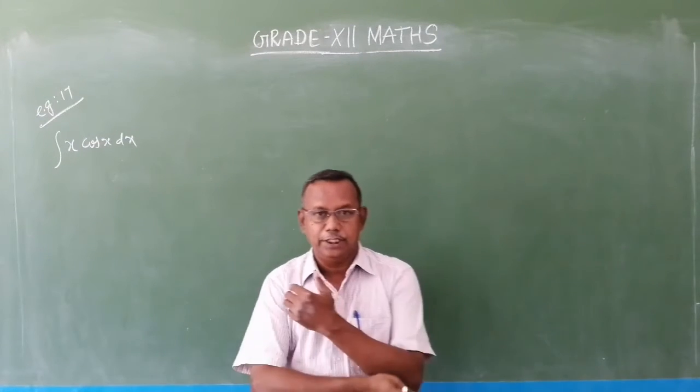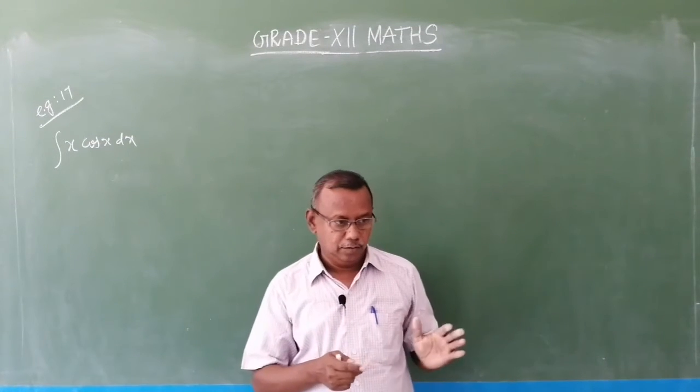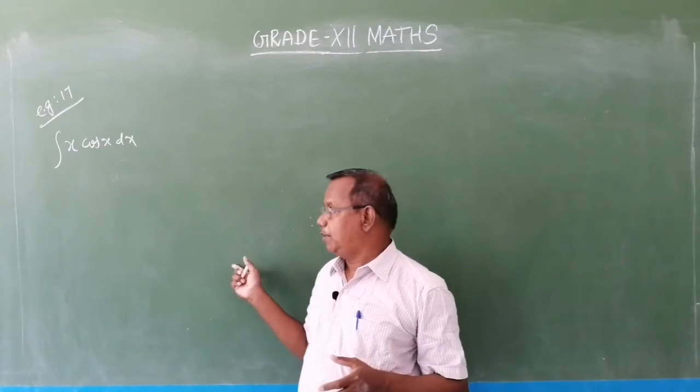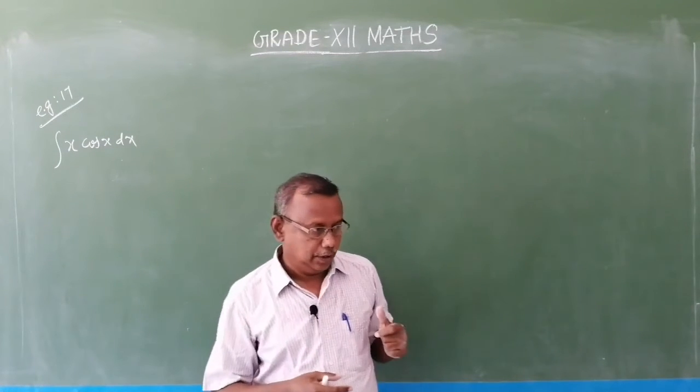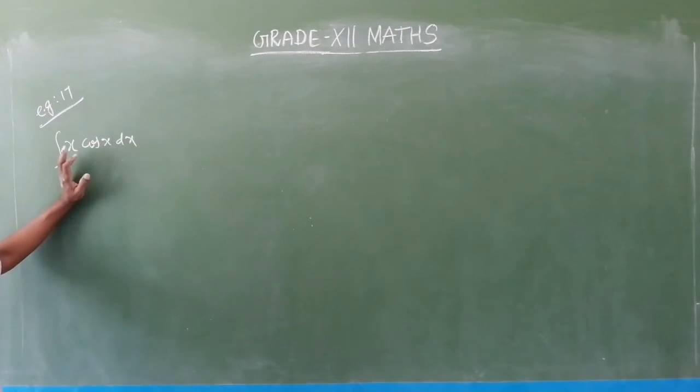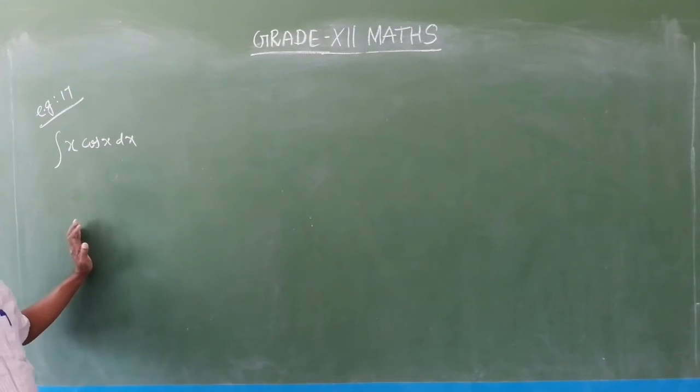Today I am going to send you a worksheet containing tips for deciding what should be taken as u and what should be taken as dv, and the reason for taking that u.